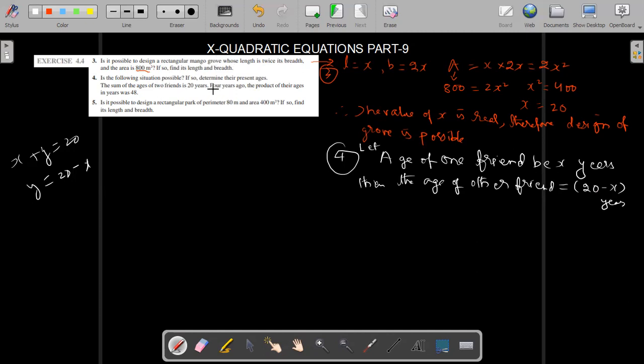Now the second situation is 4 years ago. Before 4 years, what was their age? We have to subtract 4.